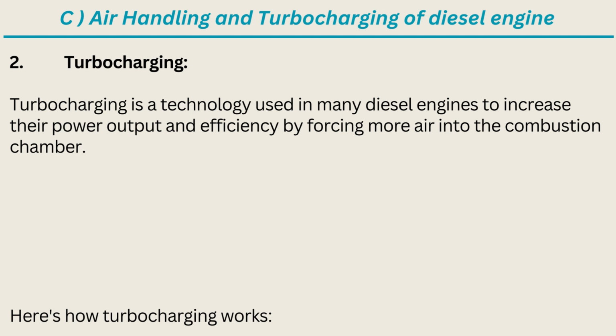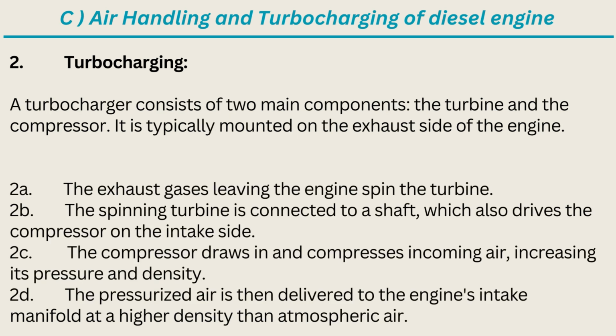Here's how turbocharging works. A turbocharger consists of two main components, the turbine and the compressor. It is typically mounted on the exhaust side of the engine. 2a. The exhaust gases leaving the engine spin the turbine. 2b.